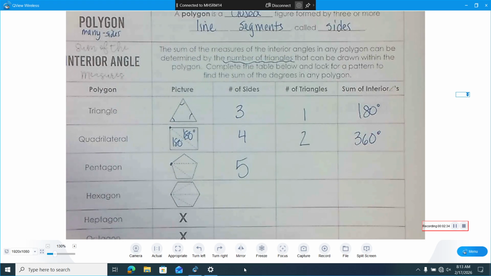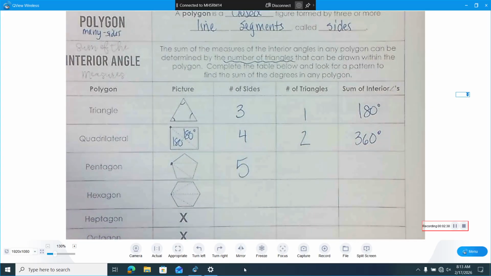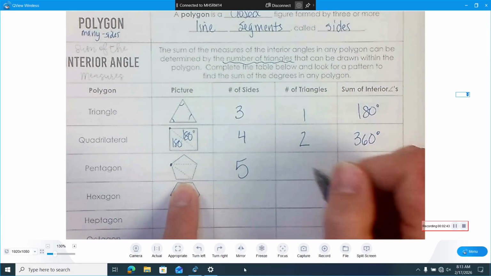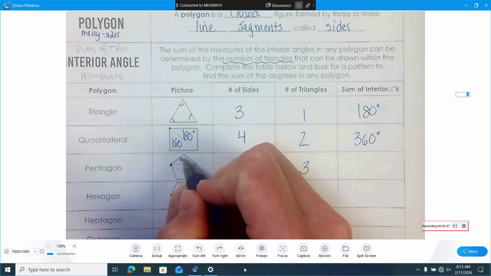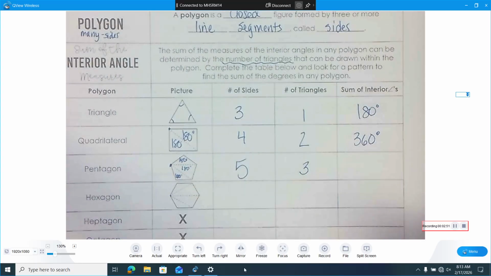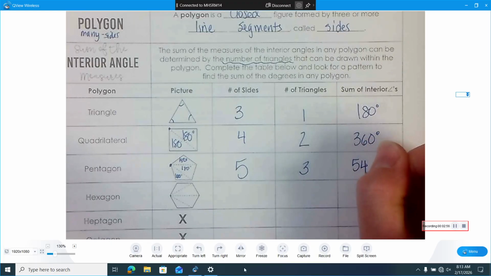This is exactly what they're talking about. So, again, we can draw a diagonal, which would create how many triangles? 3 triangles. And if each one is 180 degrees, how many degrees total? 540, which would be 180 times 3.